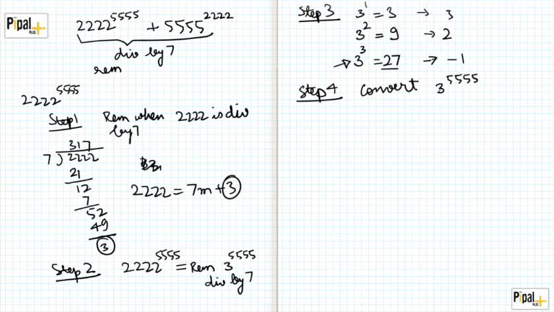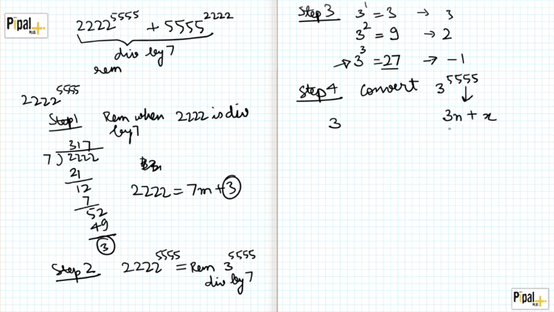So what I have to do is separate this out into a multiple of 3 and something else. To separate out 3 to the power 3, I must first divide 5555 by 3, right? Try and write 5555 in the form 3n plus something.